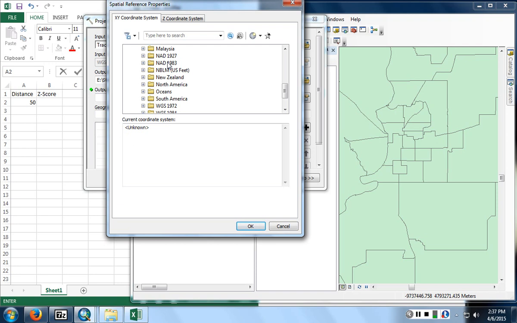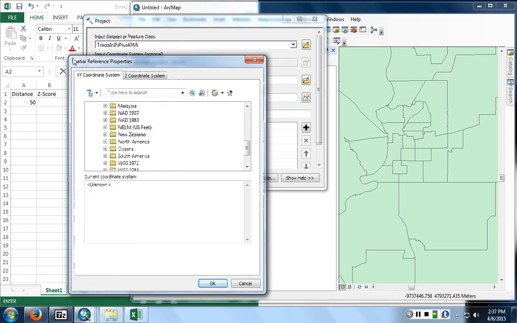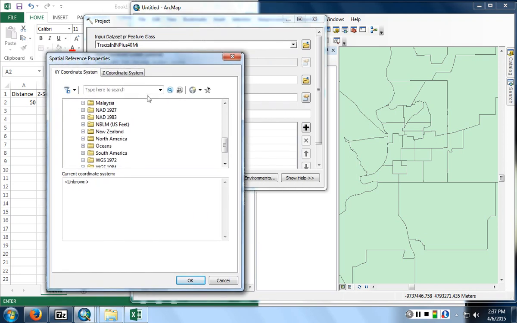This is a tough one because initially you'd maybe expect to pick a North American one because Indiana's in North America. But our original data are in WGS. How do I know that? Magic. No, because it said so in the layer properties dialog box, the source tab.